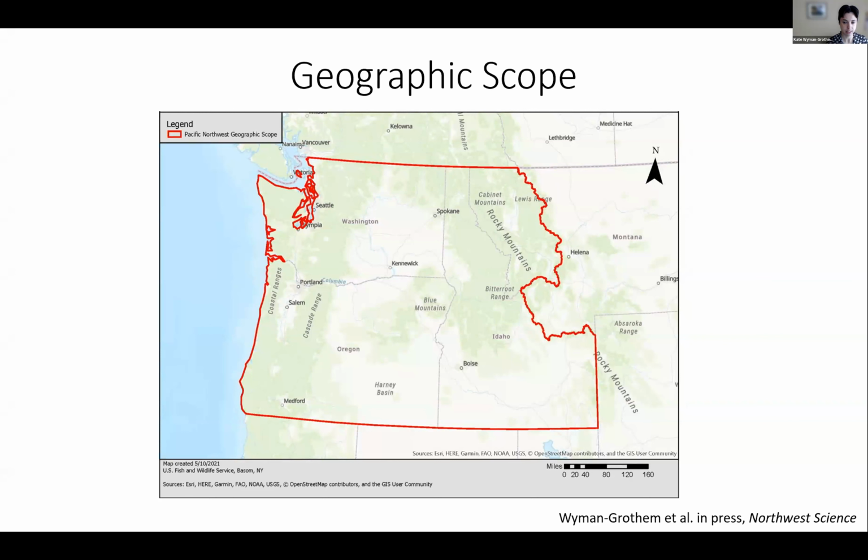Using state boundaries was desired to facilitate a consistent management approach by state agencies within their jurisdictions. At the request of Montana Fish, Wildlife, and Parks, we included the Columbia River Basin portion of that state because of its connection to the rest of the target region and its similar invasive species priorities.